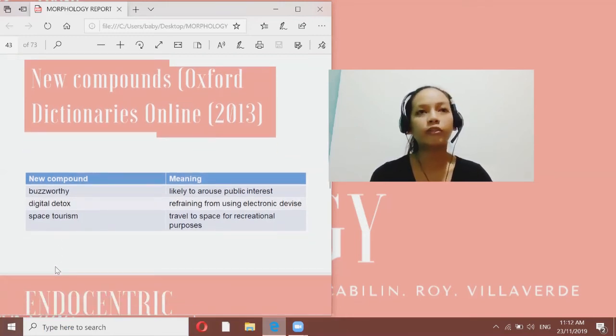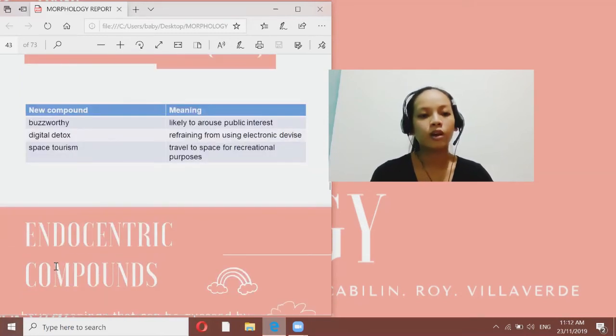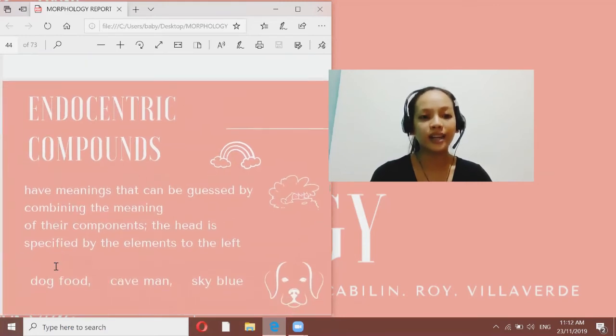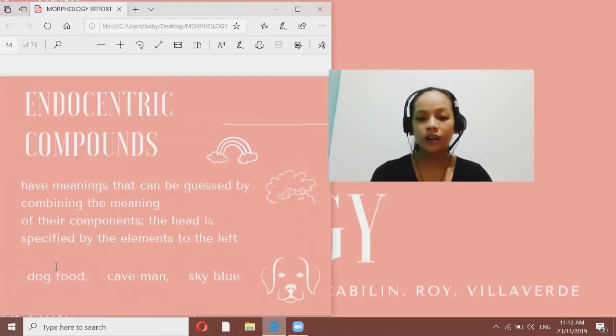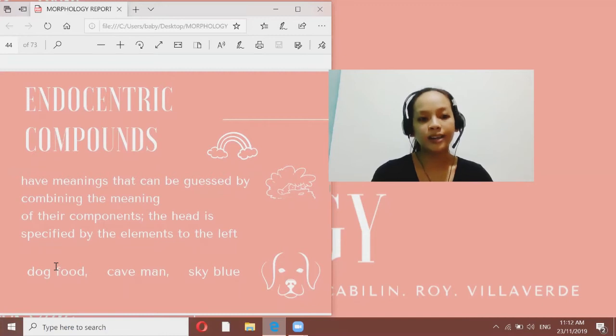So after we form these compound words, we can classify them into two. One is the endocentric compounds, which are words that have meanings that can be guessed by combining the meaning of their components. The head is specified by the elements to the left.